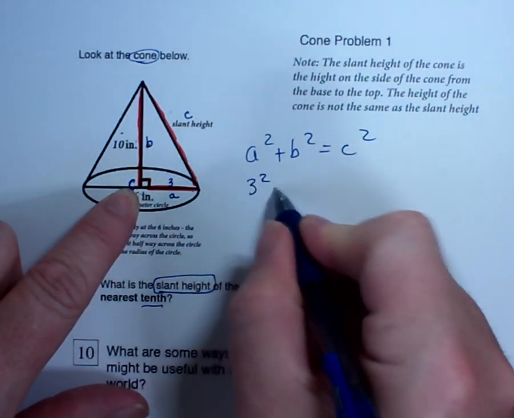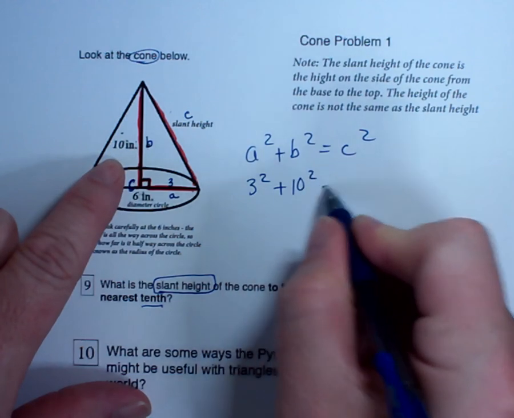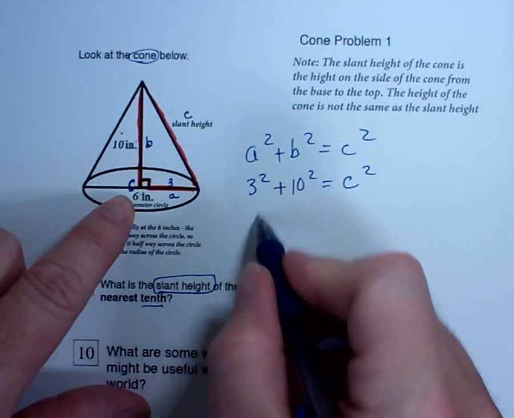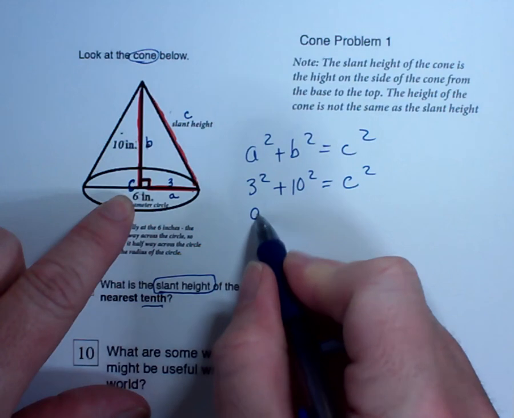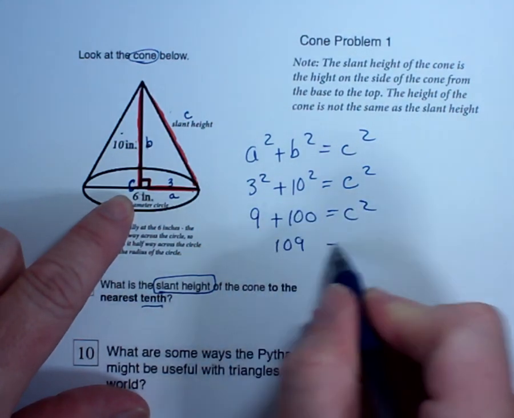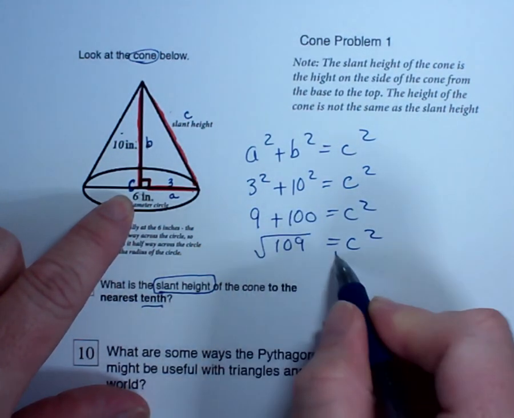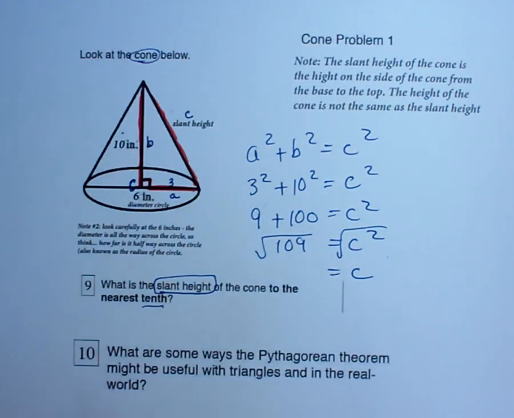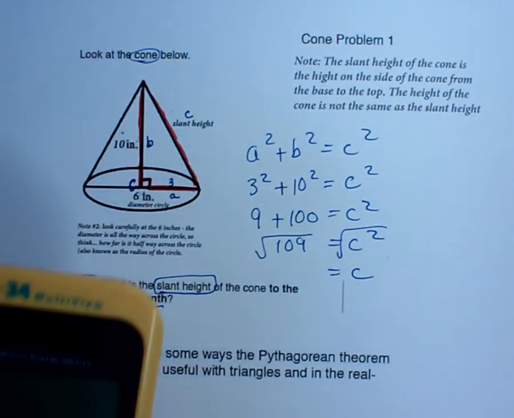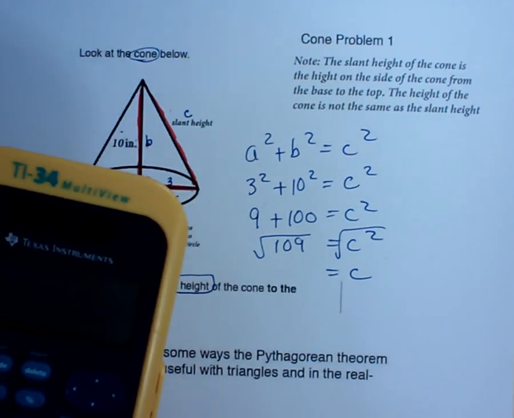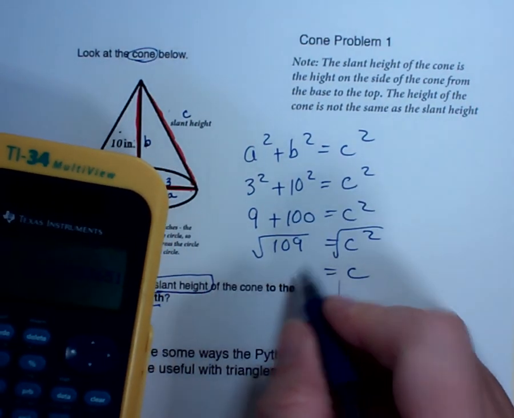3 squared plus 10 squared equals C squared. 9 plus 100 equals C squared. 109 equals C squared. And I finally end up with the slant height of the cone. Radical 109 is 10.44.